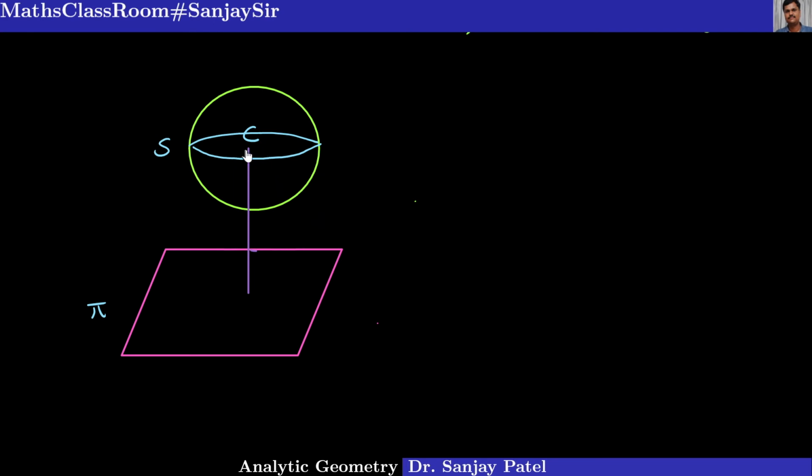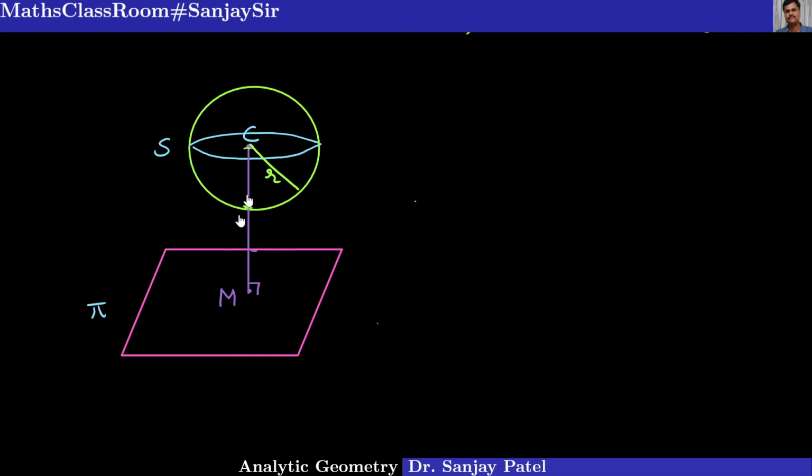And suppose this is the center, and the foot of the perpendicular is M. Okay, this is the perpendicular. You know that this is the radius of the sphere. CM is the perpendicular distance. So this much is also the radius, and this distance CM is bigger than the radius.